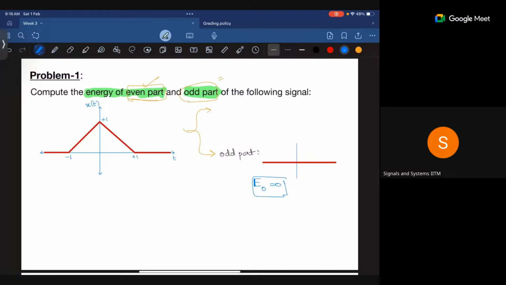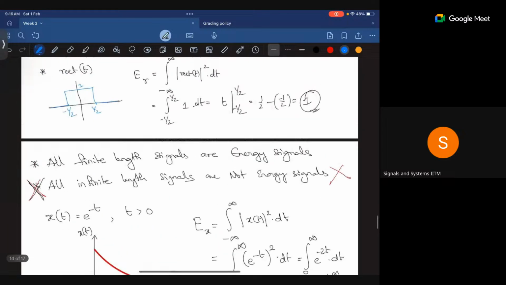And if I have to compute the energy of the even part, what should I do? I have to integrate from minus infinity to infinity. What should I integrate? What is the energy of a signal?